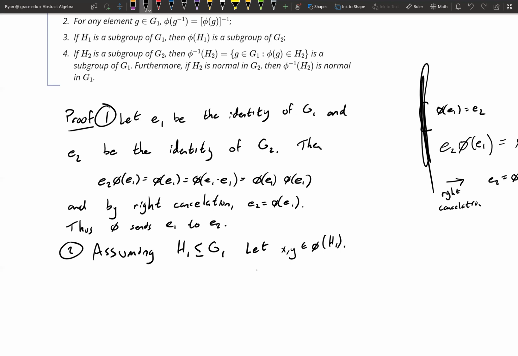Well, they're also in G2, right? Because they're in the target, or the codomain. So how do they relate to G1? How do they relate to the domain, the source?